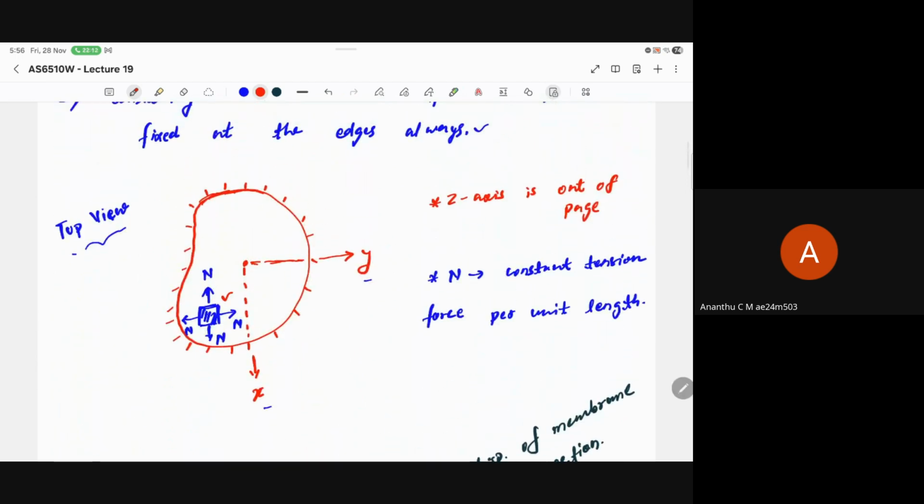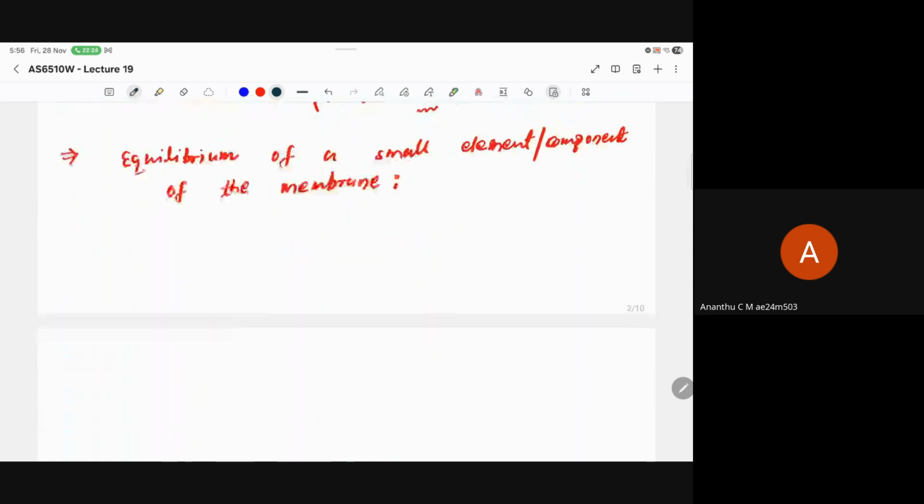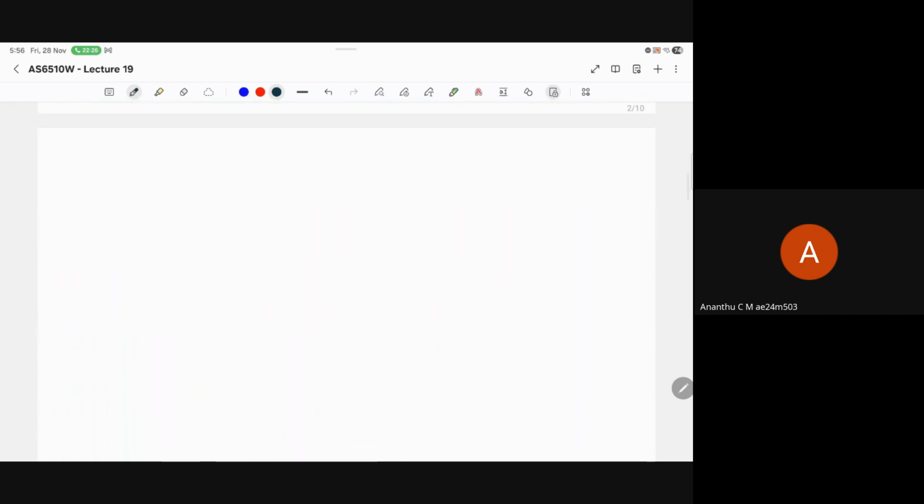So this is the kind of element we are talking about when the membrane is deflecting. During that deflected shape, somewhere here we can take this element. So let me just show that. So we have some element like this. This is the small element.